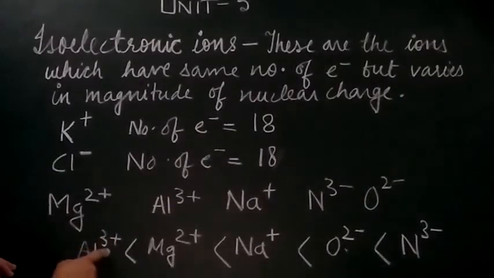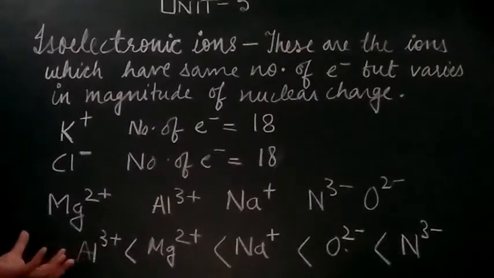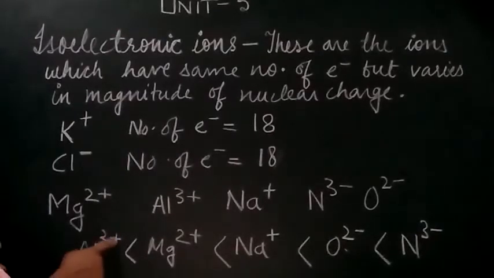ion. So what will happen? Here the effective nuclear charge of this ion is more. So there will be more pulling of the electrons in. So there will be a decrease in the size of this aluminum ion.